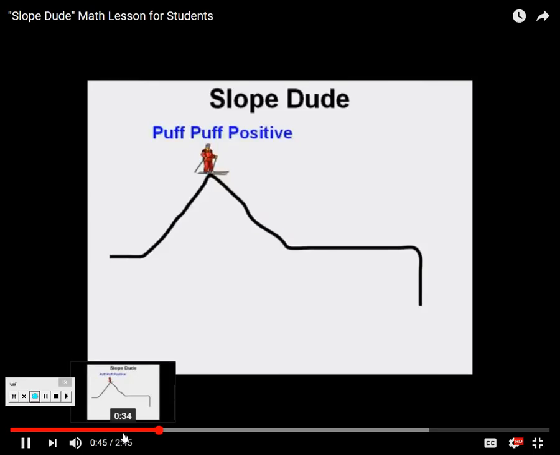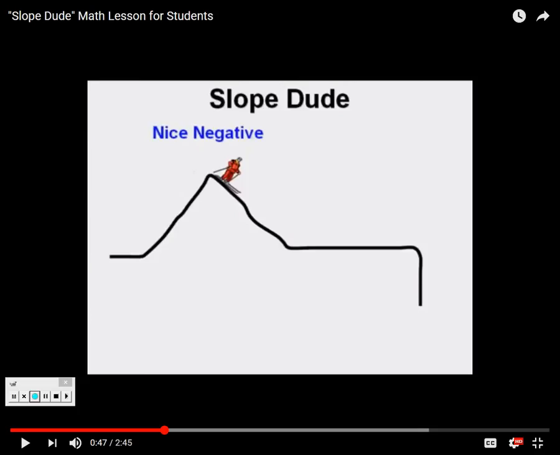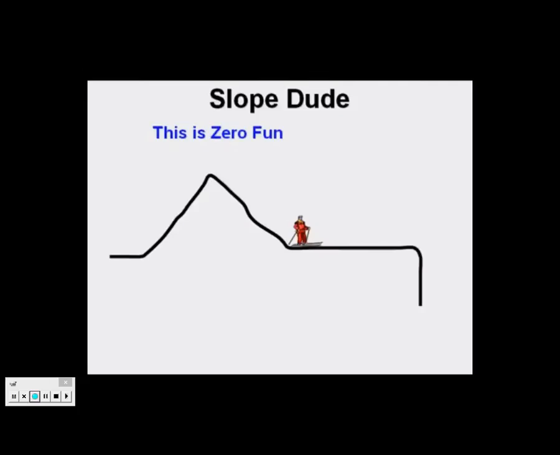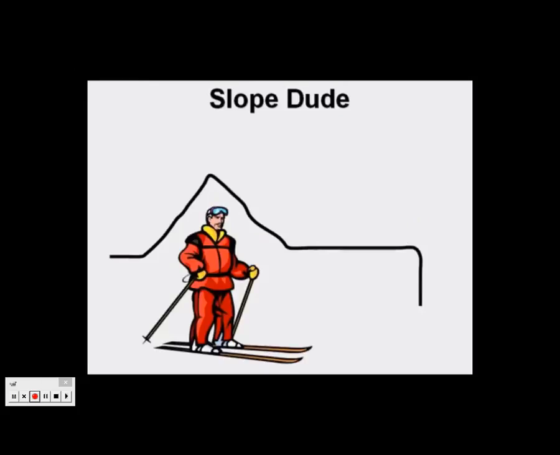On the way down the mountain, he says, nice, negative, nice, negative, nice, negative. And now, after the downhill, he's in for the hardest part of the ski route, the long, flat part. He says, this is 0 fun. This is 0 fun. As he finishes the flat part, he doesn't see well ahead, and all of a sudden he comes to the edge. How many times have I said don't touch it? You're going to end up back there where you belong.